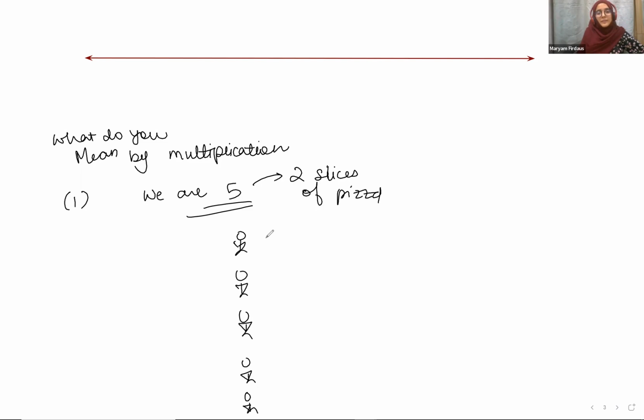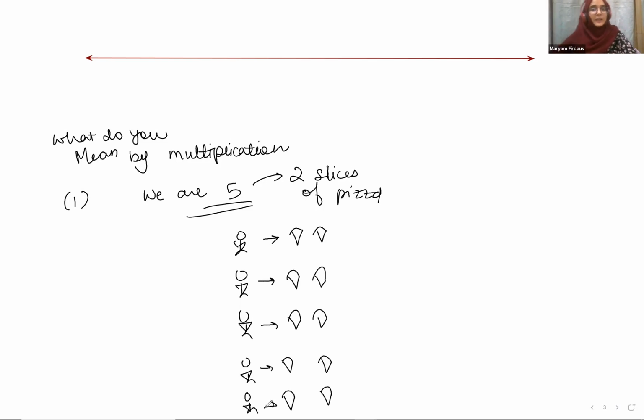Each of them is going to have two slices. So what you have done here, you quickly calculated that it's going to be 10. You didn't count. What you could have done is sat and counted the whole thing, 1, 2, 3, 4 and so on.